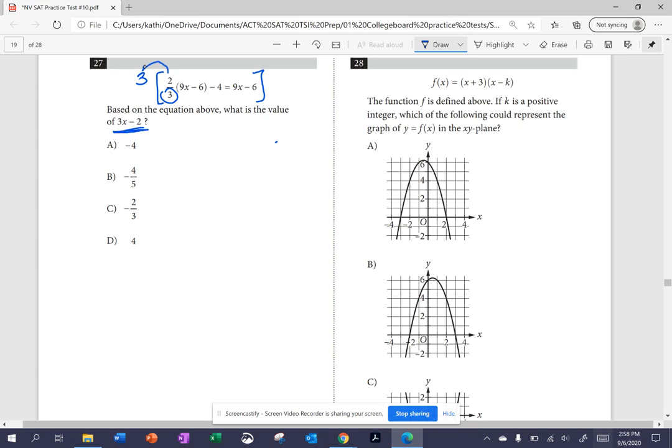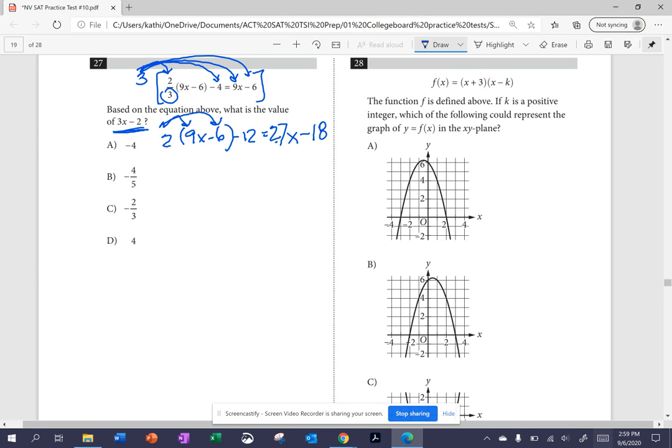So I have to distribute 3 on each term. So 3 times 2/3 is 2, 9x minus 6. 3 times -4 is -12. 3 times 9x is 27x. And 3 times -6 is -18.